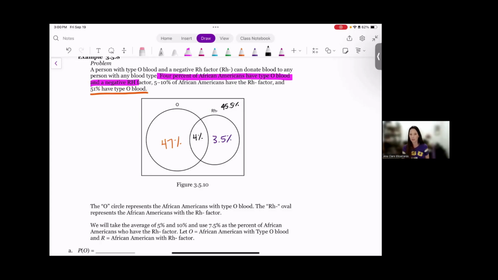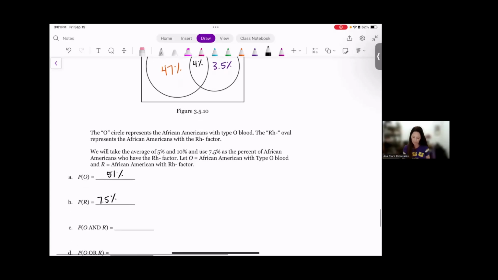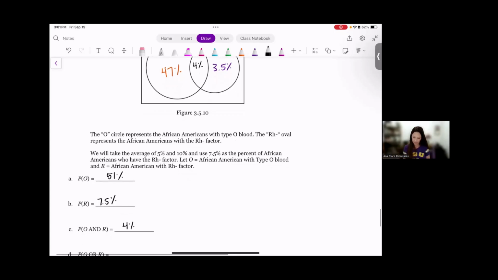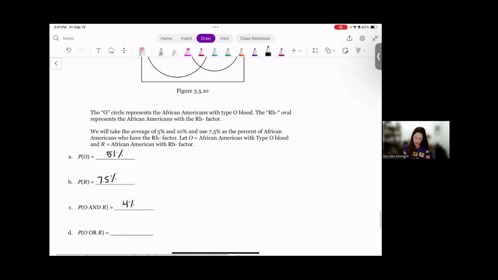Now we can answer the questions that we have about and or conditions and so on. The probability of having type O blood was given to us. That was 51% overall. And then the RH negative factor was 7.5%. O and R, that's the intersection where they come together, that's 4%. And then O or R, well, now that we've labeled everything, it's pretty easy. You add the 47, the 4, and the 3.5. Just add the numbers that are in the two pieces. And we got that to be 54.5%.